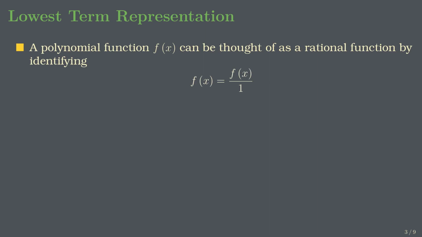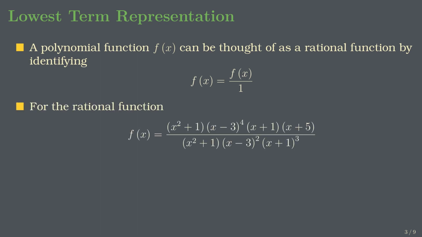Now, a polynomial function f(x) can be thought of as a rational function by identifying f(x) with f(x) over 1. And as we mentioned before, from time to time you can have a rational function where the denominator and the numerator contain the same factors.